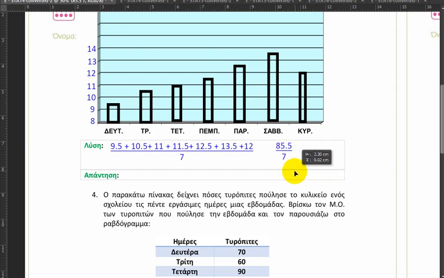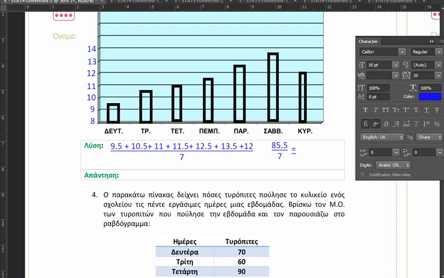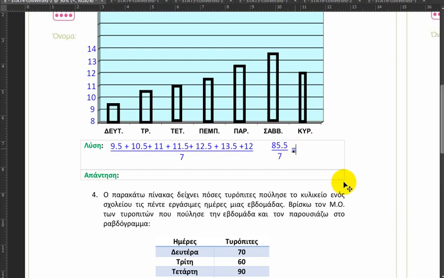And this divided by 7 gives us how much? Let's see. 7, and this division could be done vertically as well if you want. 7 goes into 8 once. 7 goes into 15 twice.